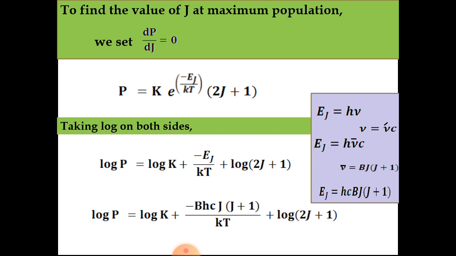So log P equals log k minus Ej by kT plus log of 2J plus 1, where we substitute the value of Ej from the relation nu is equal to nu bar c and nu bar is equal to BJ into J plus 1.